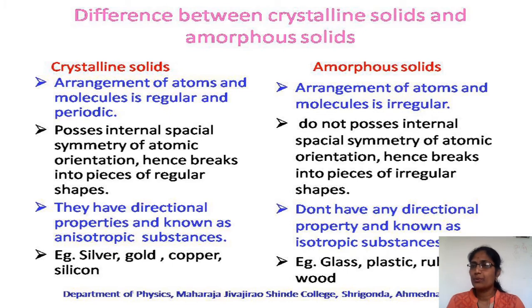Amorphous solids don't show any such directional property, and hence they are called isotropic substances. Their properties will not differ in different directions because there is no periodicity of atomic arrangement. Examples of crystalline solids are silver, gold, copper, and silicon. Examples of amorphous solids are glass, plastic, rubber, and wood.